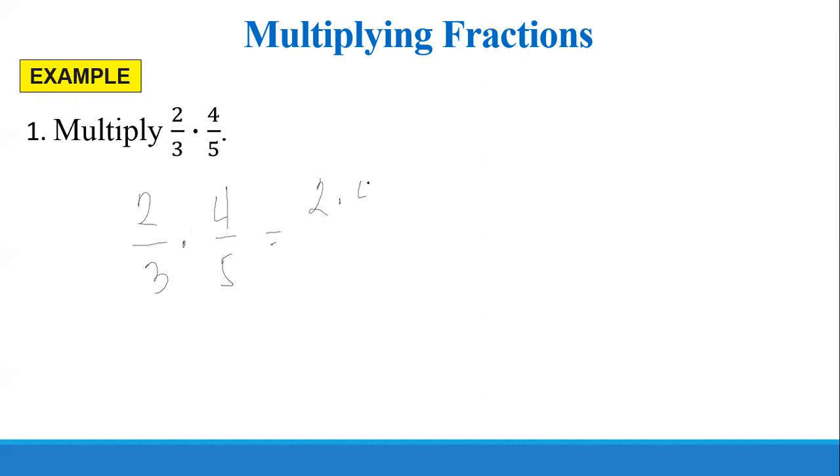So, 2 times 4, 3 times 5. And this is equal now to 8/15. So, you can simplify the answer if possible. But since this fraction is already in lowest terms, so this is now the product or the answer.